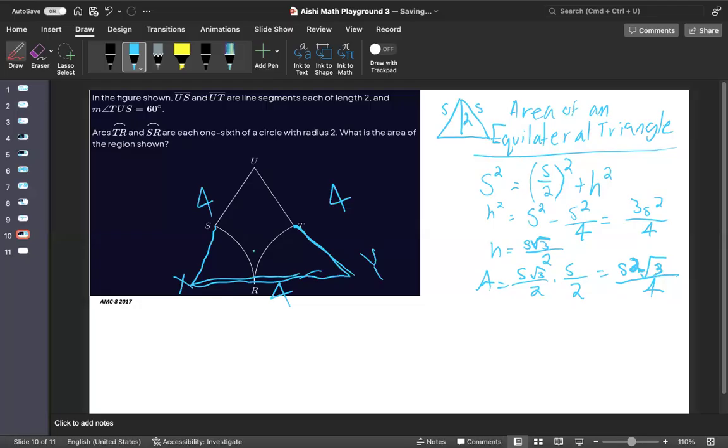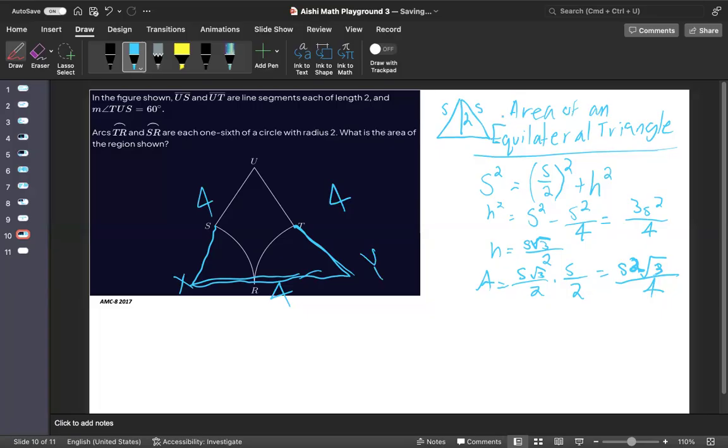Now if we can find the area of UXY, then we subtract the areas of 1/6 of circles SRX and GRY. Then we will find the area that we have to find.